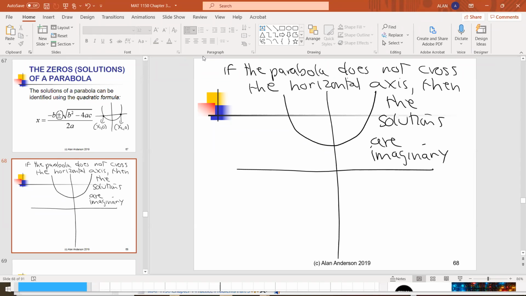And that would show up in the quadratic formula, as I mentioned earlier.